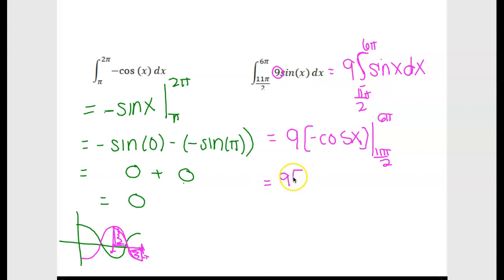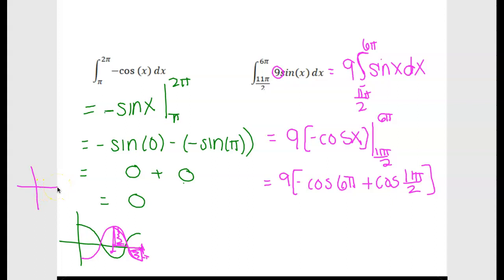So 9 times negative cosine of 6 pi minus a minus, which becomes a positive, cosine of 11 pi over 2. In your head you're going, okay, the cosine of 6 pi, where are you on the unit circle?